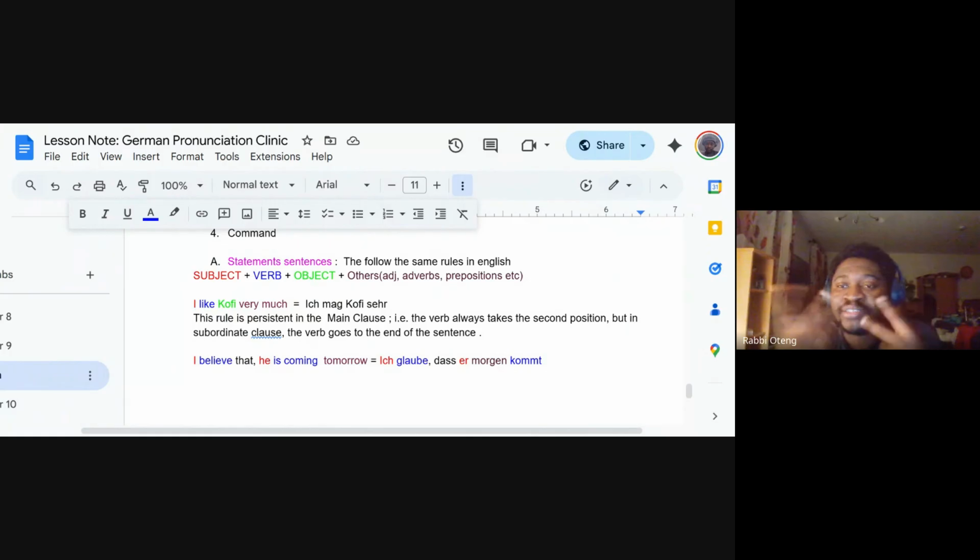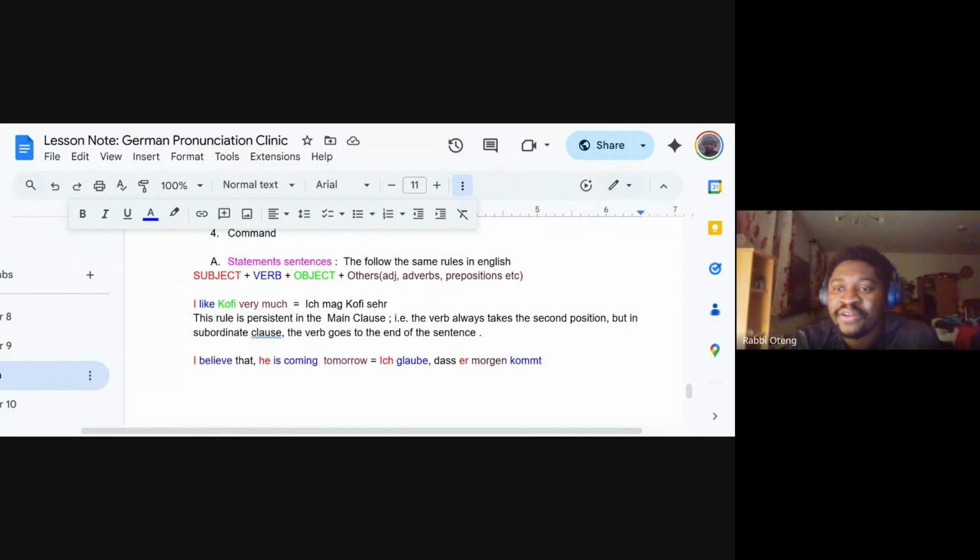In simple sentences, you don't need any subordinate clause. But if you need both a subordinate clause and a main clause, remember that for statements, the main clause is subject, verb, object, just like in English, SVO.